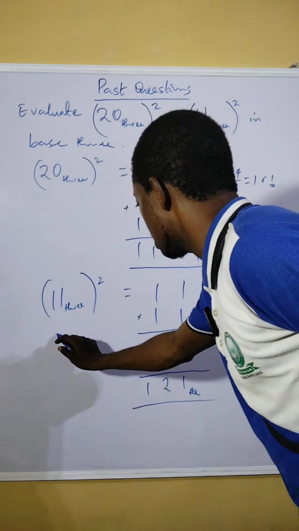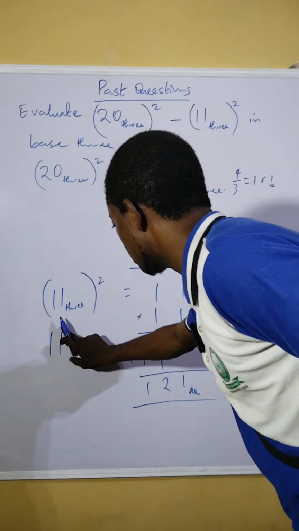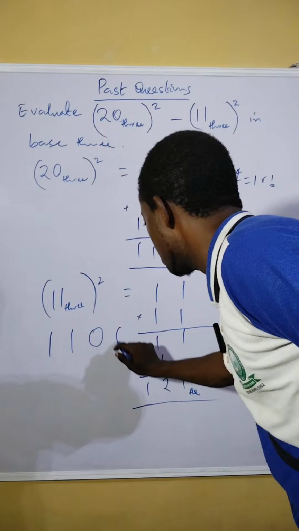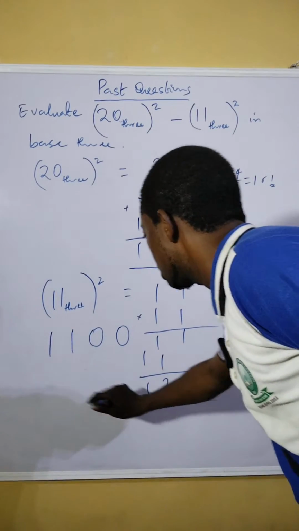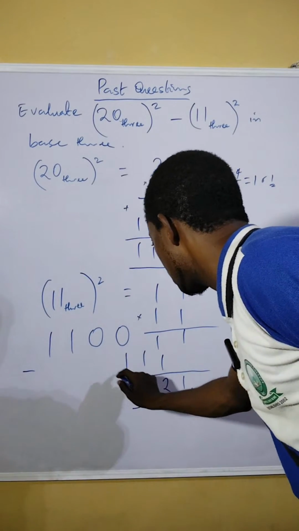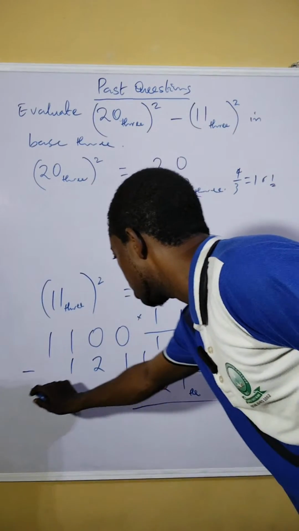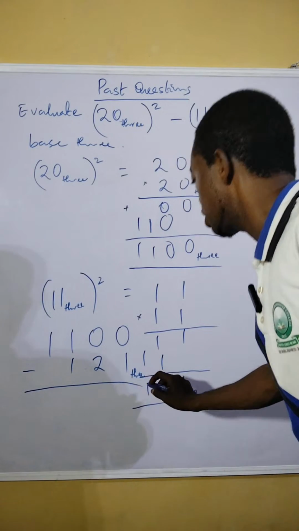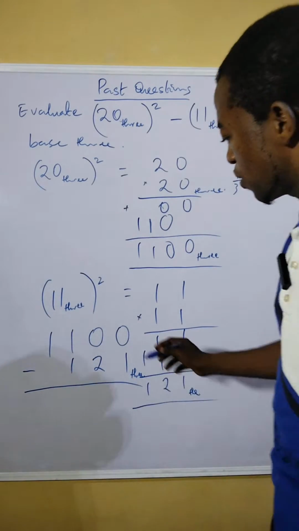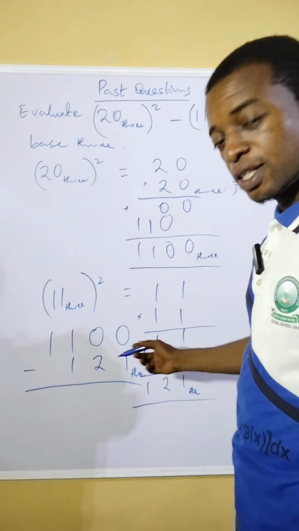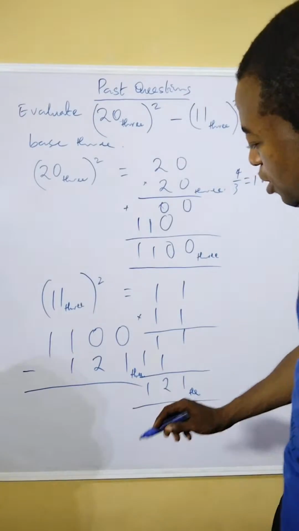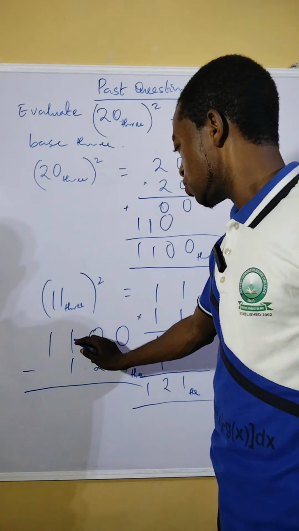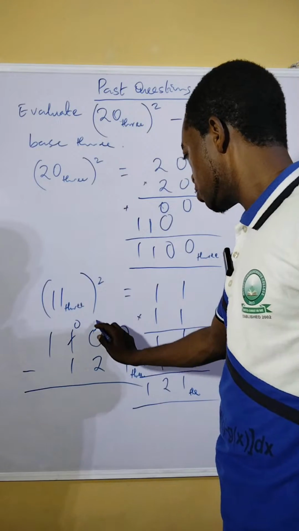So in base 3, we have 1100 minus 121 in base 3. Then 0 minus 1 not possible. So we have to borrow 1. Like we take 1 from the next number, and this also is 0. So come here, we take 1. This one will remain 0, and that one come here become 3.